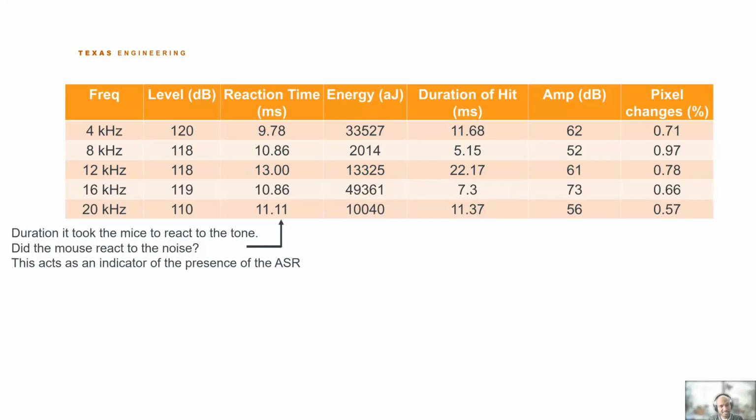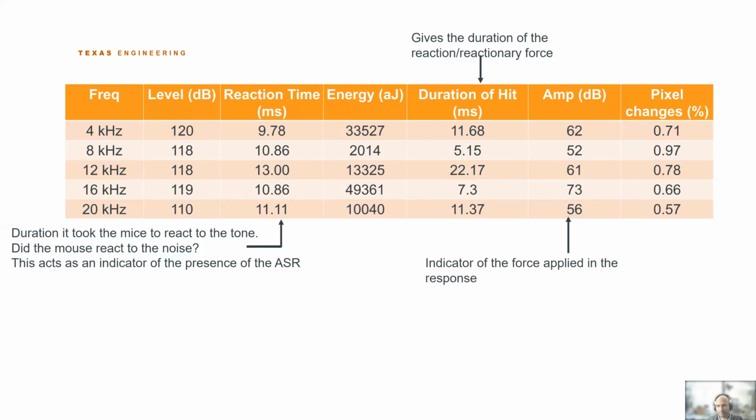There are dedicated studies where people try to find out whether there was a startle or not, and this quantity, reaction time, is an indicator of that. Similarly, another factor is the duration of the hit. When the animal startled and applied this sudden, large force, how long did that force go on? That is given by the duration of the hit. And the other one is the amplitude.